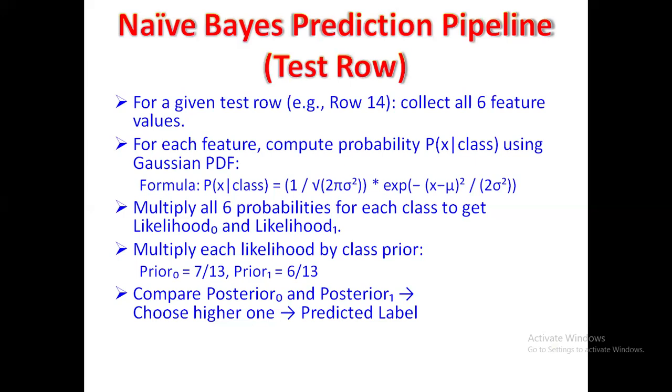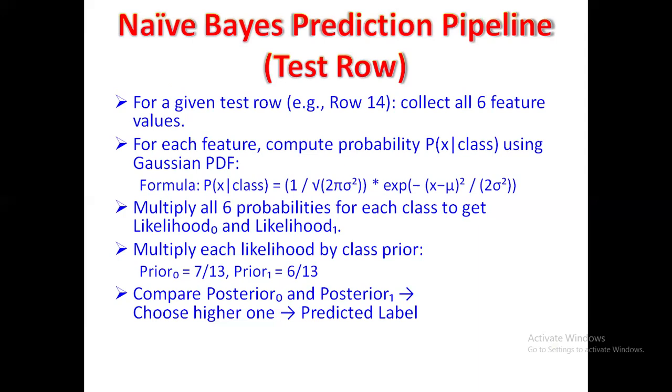So in the Naïve Bayes prediction pipeline, we start by taking the test row, collecting all 6 features such as RR interval, HRV, wavelet power, mean, standard deviation and skewness. For each feature, we calculate the probability of that value given the class, normal or abnormal, using the Gaussian probability model.